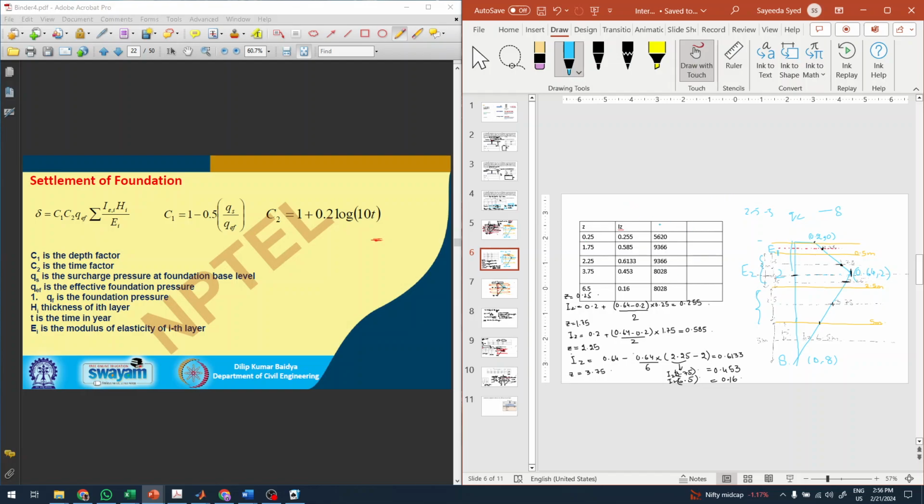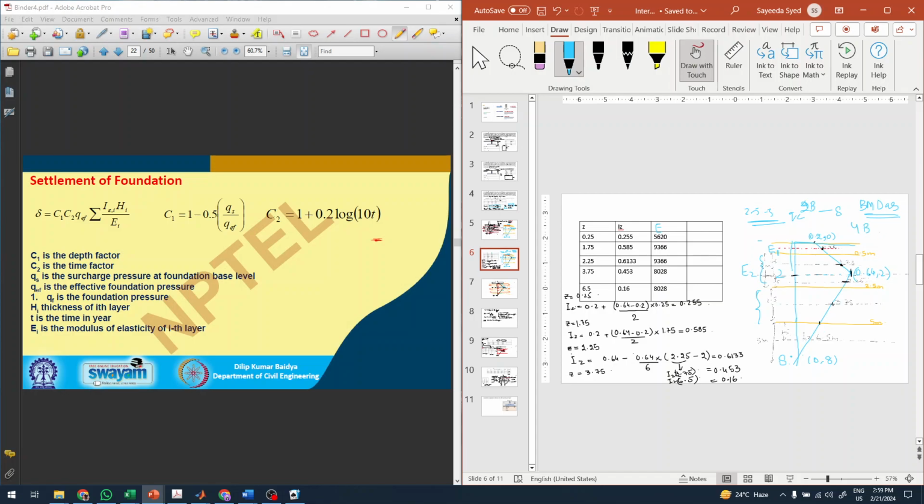Okay, so this is E. Why is there this discrepancy? Because as I mentioned earlier, I was referring to BM Das. In the method I was referring to, the height was extending up to only 2 times B. Here it is extending up to 4B.